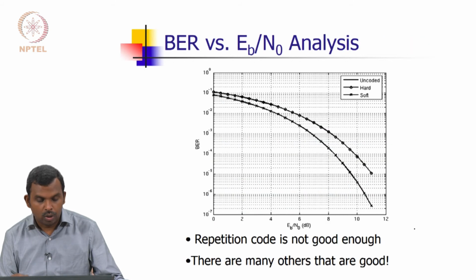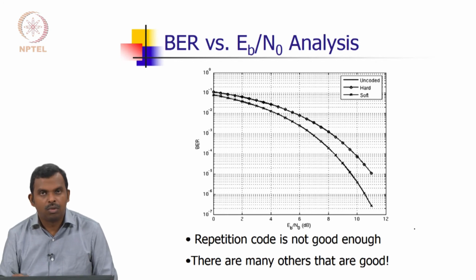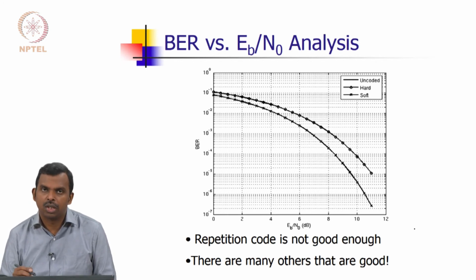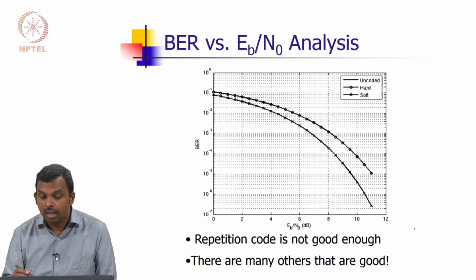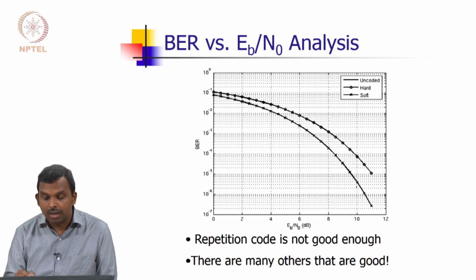It turns out one can analyze this decoder also. I am going to skip the analysis, maybe I will talk about it in another lecture just to give you a brief idea of how the analysis works. But if you do that, this is the picture.